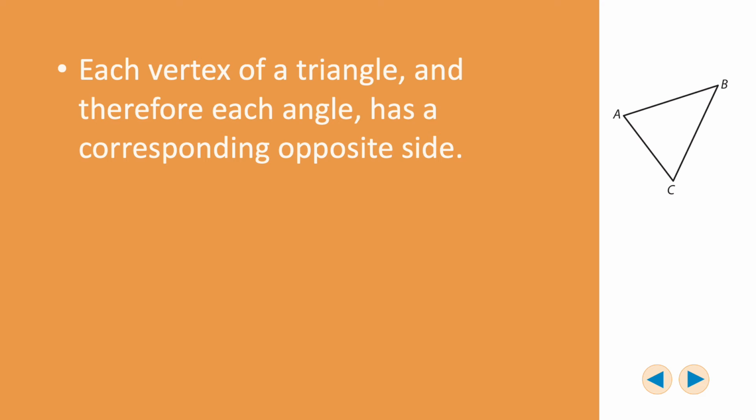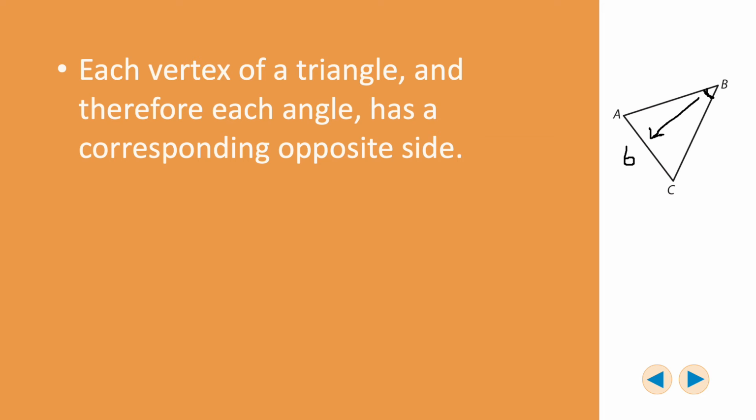Okay, each vertex of a triangle, and therefore each angle, has a corresponding opposite side. What that means is this angle, I'm going to look at B right now, is looking at an opposite side, right? This side is directly across from it. And because it's the angle that is looking at that side, I'm going to call this lowercase b.